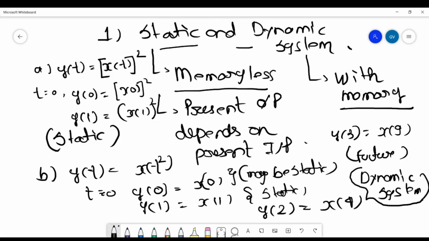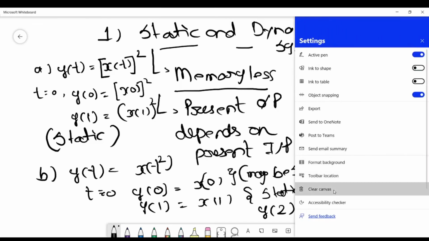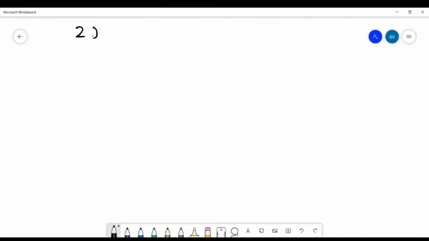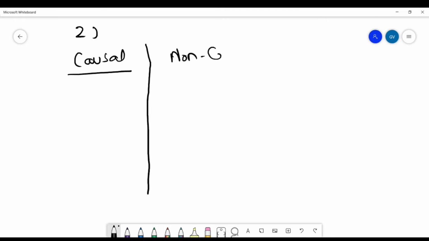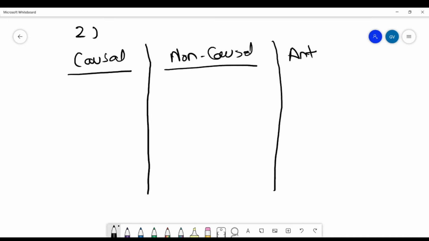Now let's move forward to the second type of system. Let's make a table: causal, non-causal, and anti-causal system.